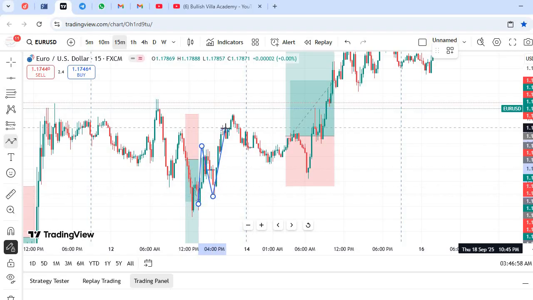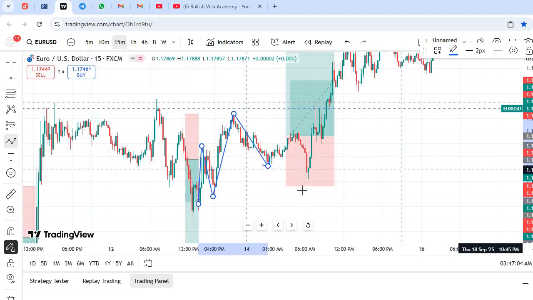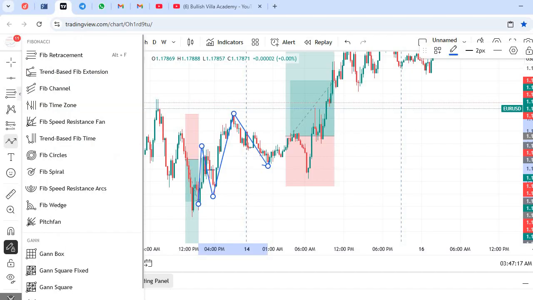Then we had another impulsive move. Then we had a correction here. So this correction here is almost 50% of this impulsive move. Okay, let's make use of our Fibonacci to confirm.